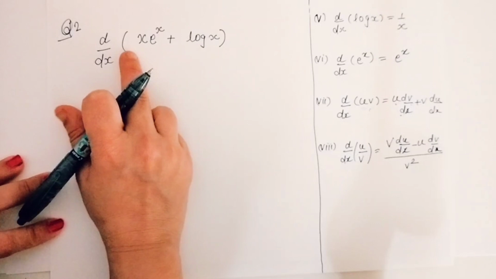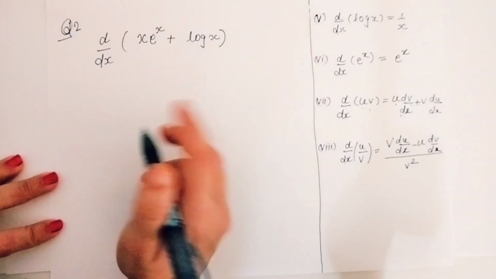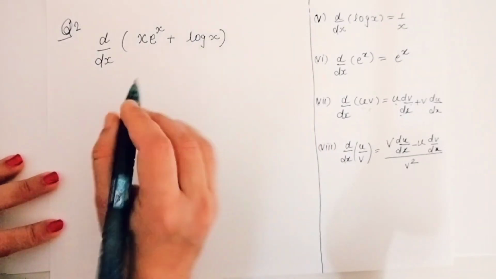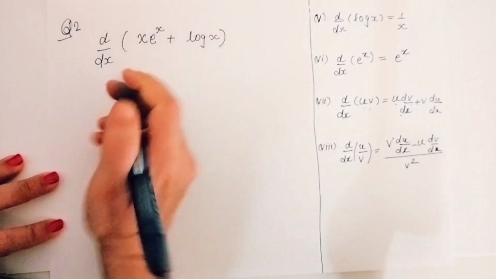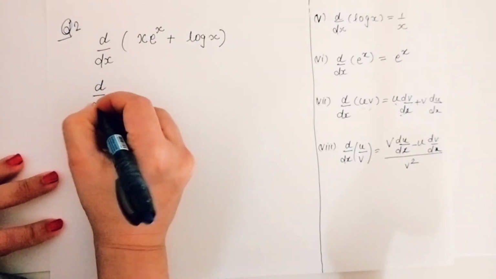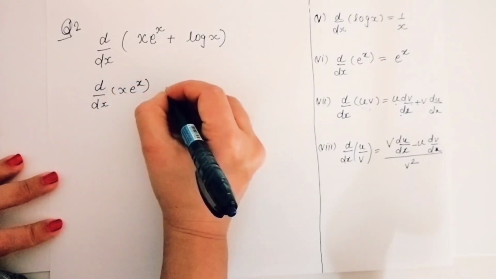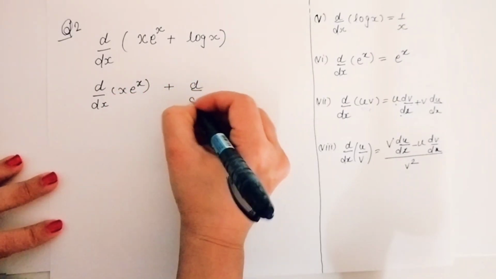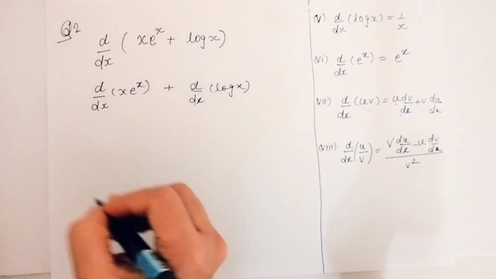Okay, so now we have d by dx of x e raised to power x plus log x. First of all, with two functions and addition, what do we do? We just separate like this: d by dx of x e raised to power x plus d by dx of log x.